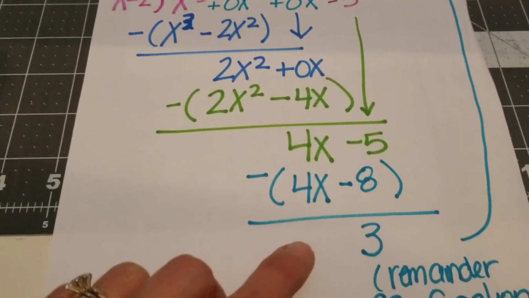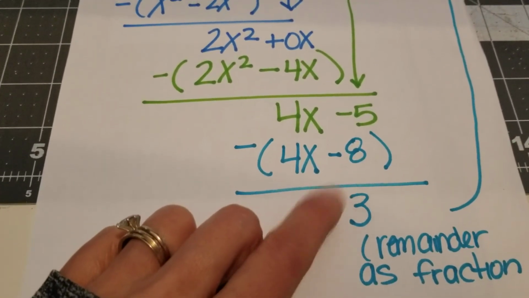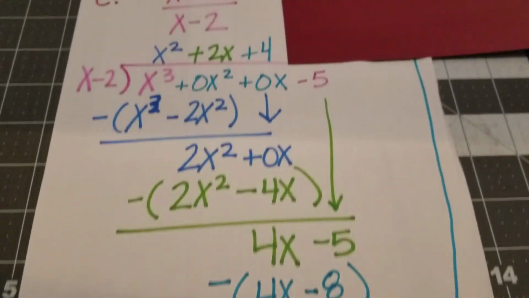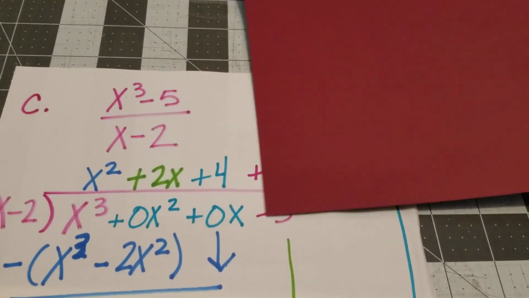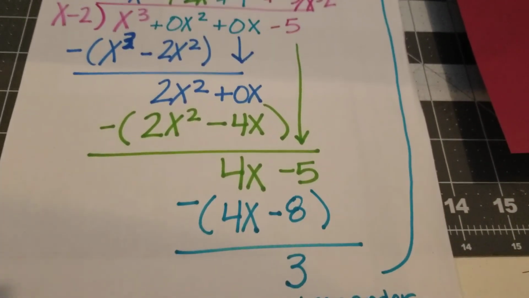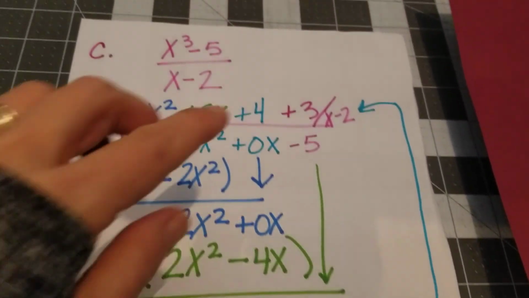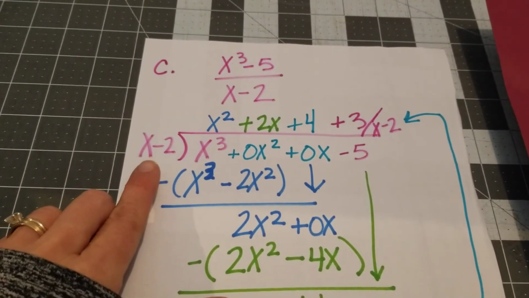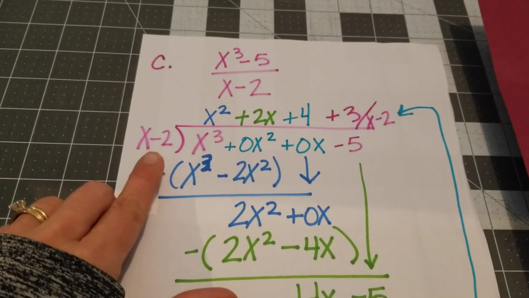Okay? This is the remainder, and we're going to write our remainder as a fraction. So I take my remainder back up to my quotient here, my answer, and I'm going to write that as plus because my remainder was plus 3. So I'm going to write plus 3 over the divisor, x minus 2.